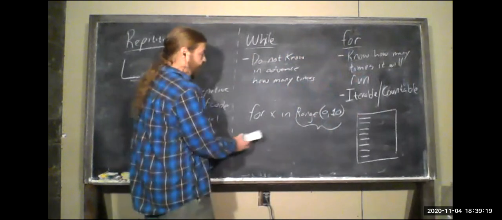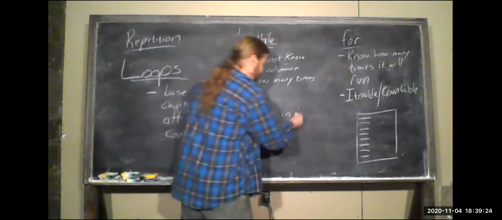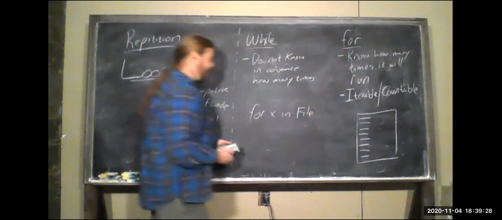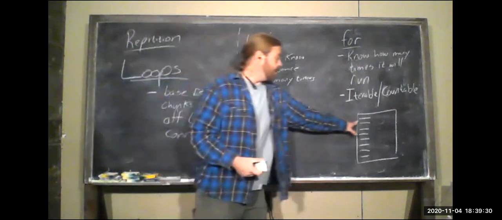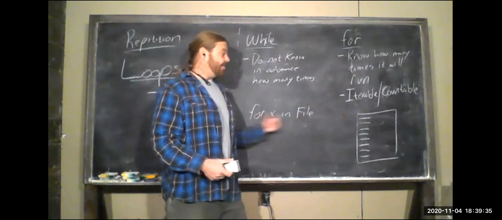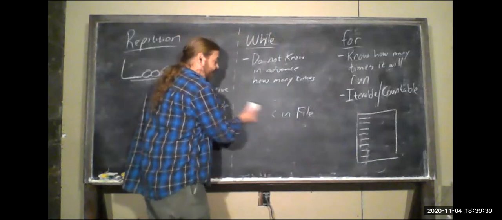So in our for loop, the book keeps using this one, but we could just say for X in file. And in that case, X refers to that line of the file. So it's going to do that for every line of the file, a definite start to a definite end.